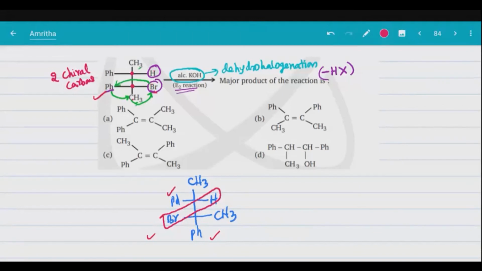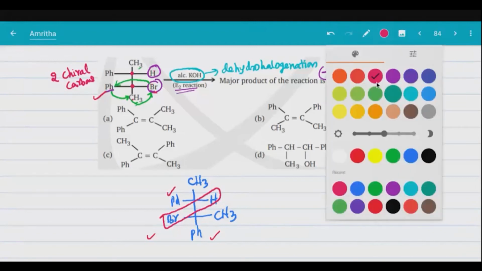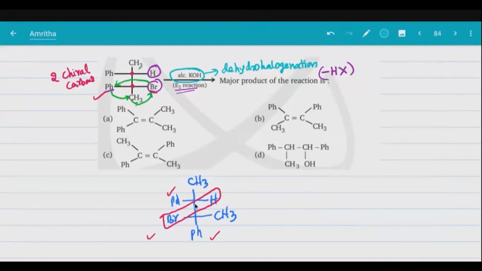See, both of these carbons are connected to Ph and CH3 groups. So option A you can eliminate, because the Ph groups are not attached to the same carbon here. The carbon is attached to a Ph group and CH3. This is also not correct, because Ph and CH3, Ph on the same side is not possible.